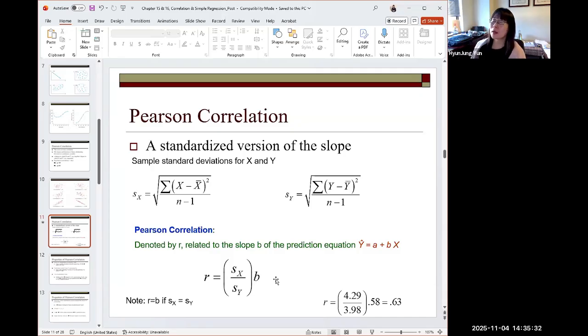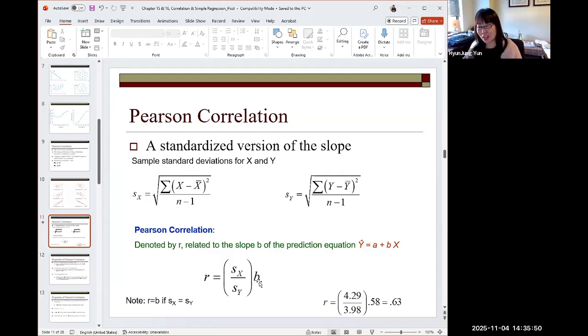The slope means that when one variable changes by 1 unit, how many units change in the other variable? In other words, 1 unit change in the x variable and how many unit changes in the y variable.